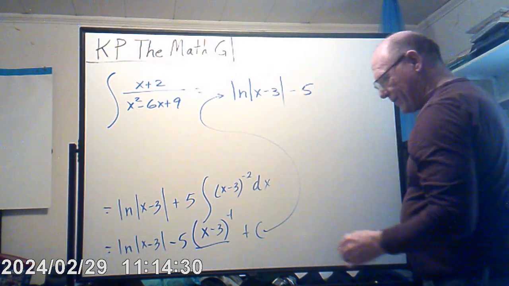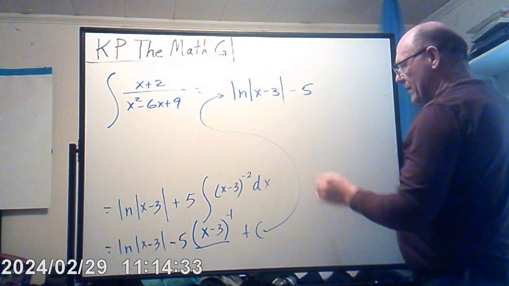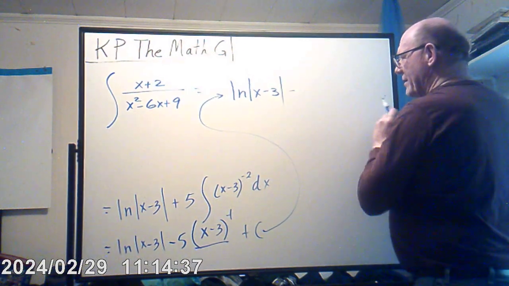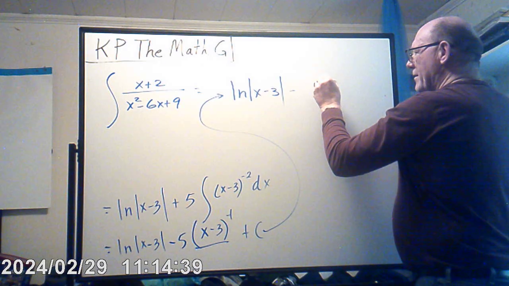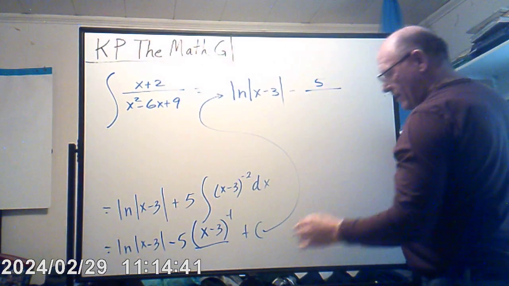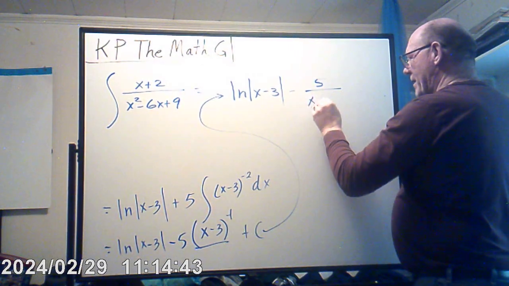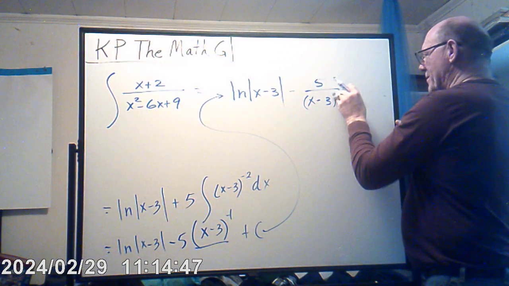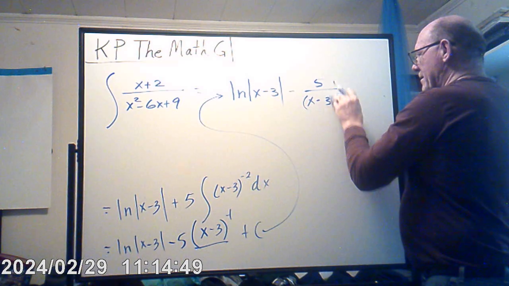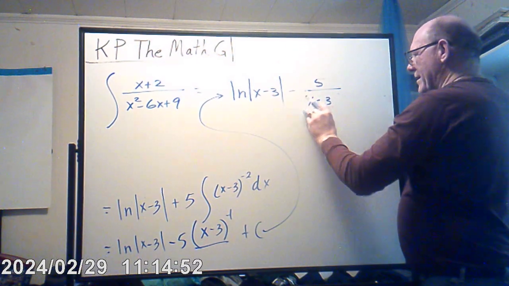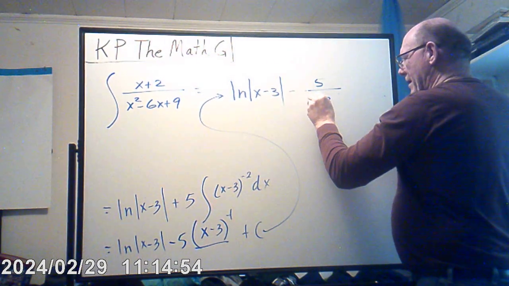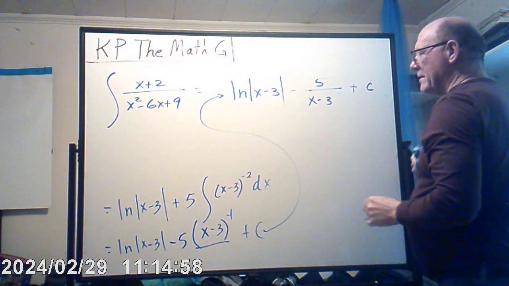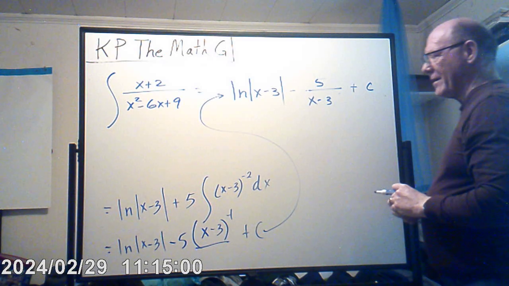Minus 5 over x minus 3 to the positive 1, but that's just x minus 3. I don't even need the parentheses around that. And then plus c. That's what you get.